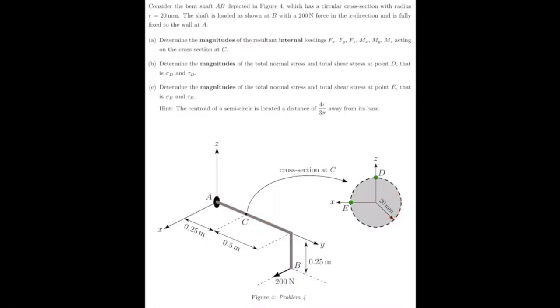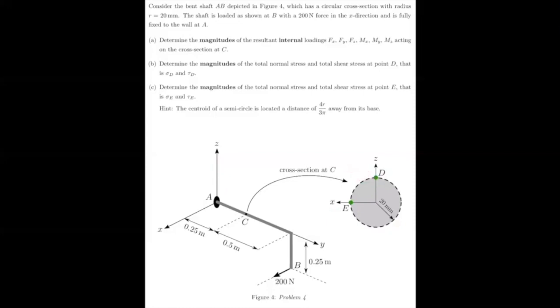The shaft is loaded as shown at B with a 200 Newton force in X direction and is fully fixed at A. Determine the magnitudes of the resultant internal loadings on cross-section C, so here. Determine the magnitudes of total normal stress and total shear stress at point D and at point E.